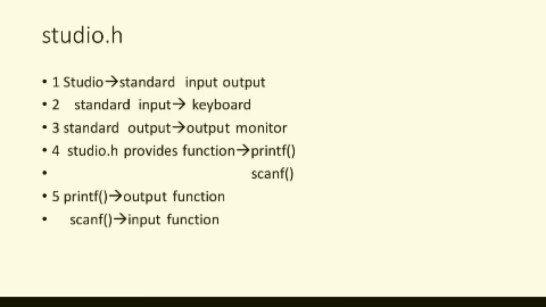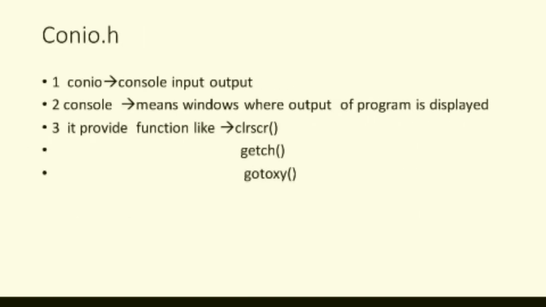Our next topic is conio.h. The word conio stands for console input output, and in programming the word console means output window. It provides functions like clear screen, that is clrscr, getch, gotoxy.